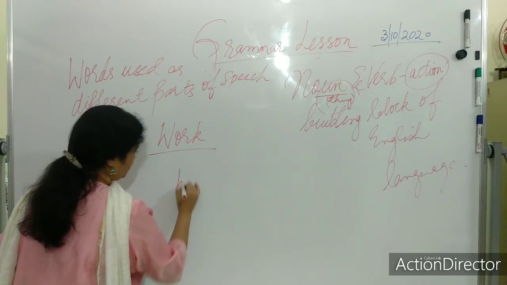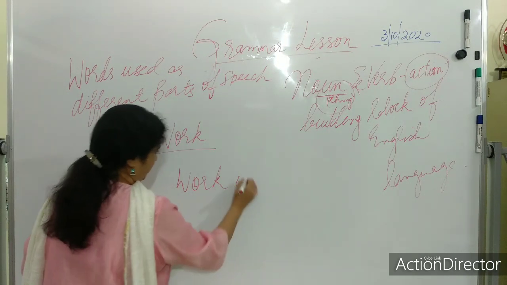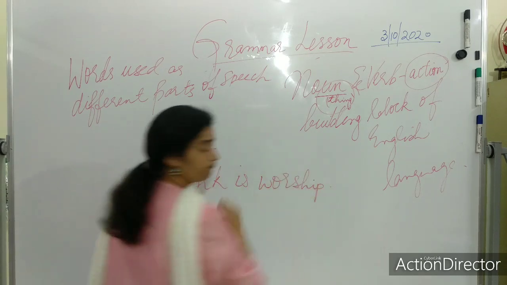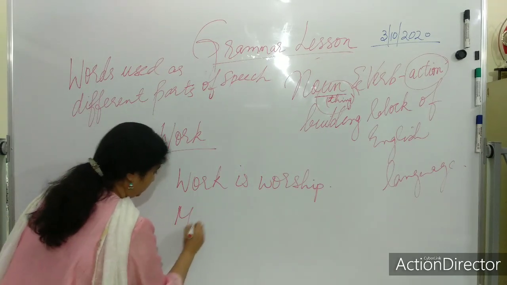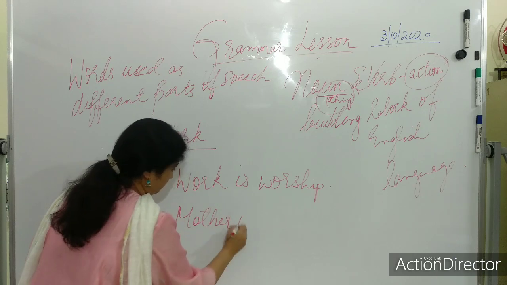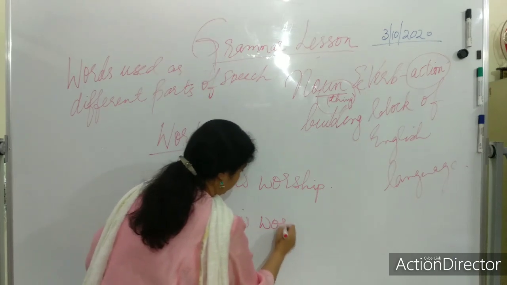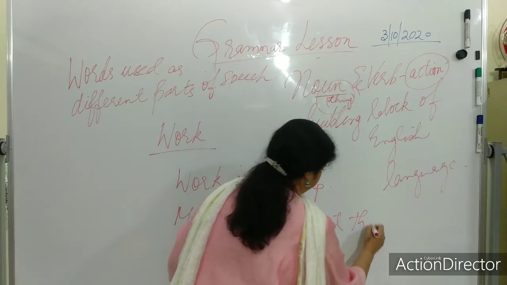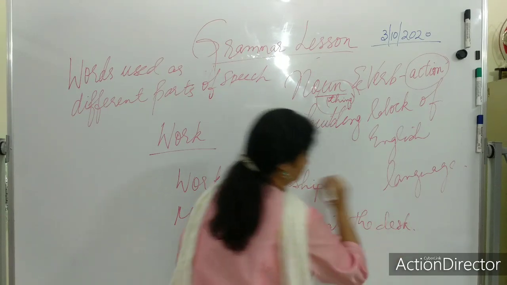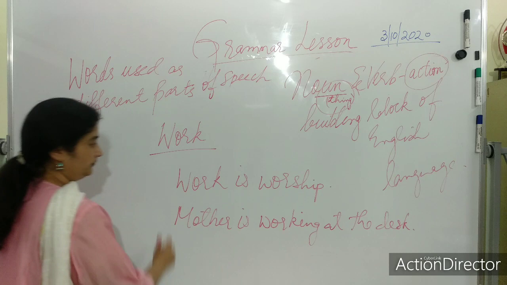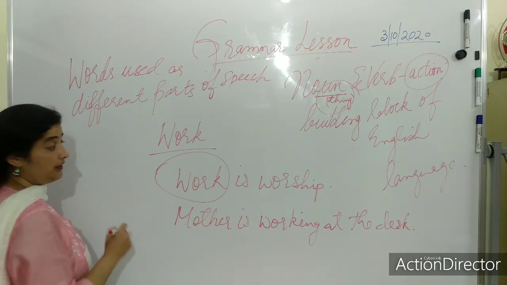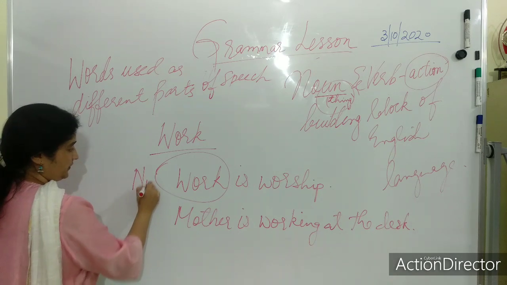Now work, I am writing 2 sentences here. Work is worship. Mother is working at the desk. What is happening? Work is worship: a thing, so this is a noun.